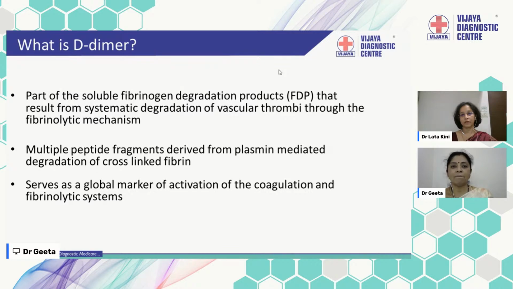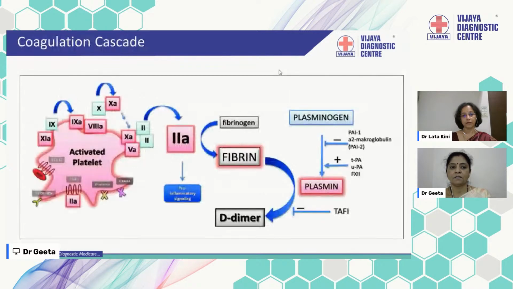D-dimers are nothing but multiple peptide fragments derived from plasmin-mediated degradation of cross-linked fibrin. D-dimer serves as a global marker of activation of the coagulation and fibrinolytic systems. Before we go to the pathophysiology of fibrinolysis, let us primarily understand how the coagulation system works.